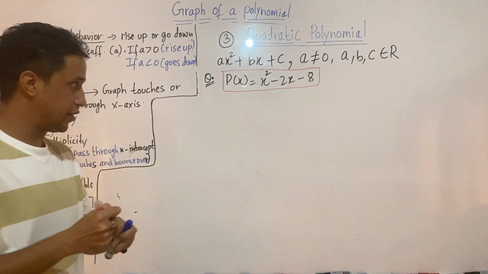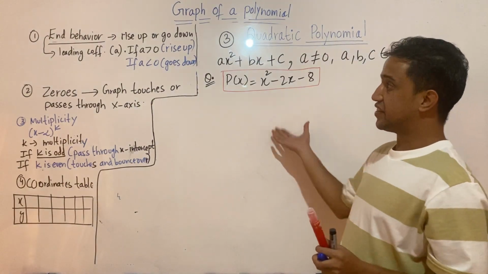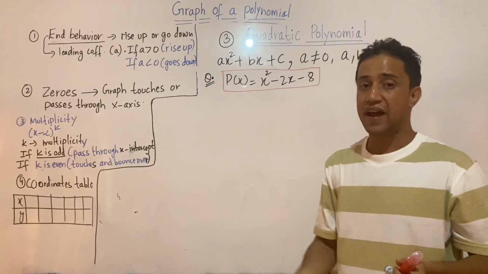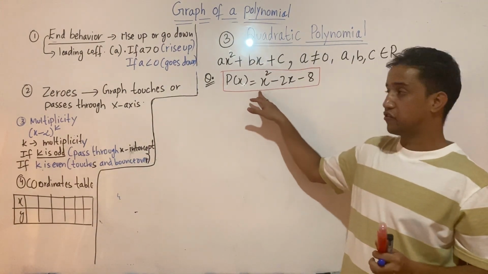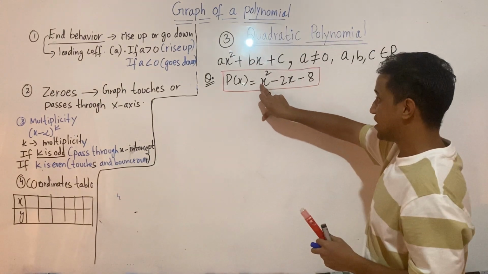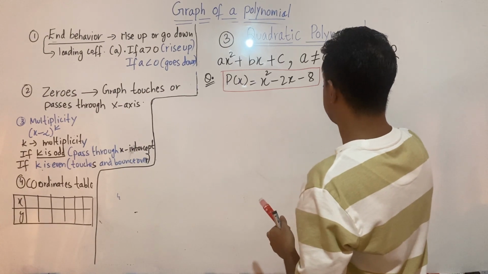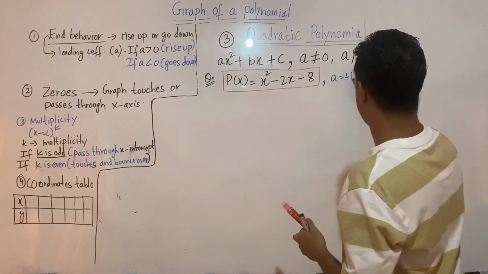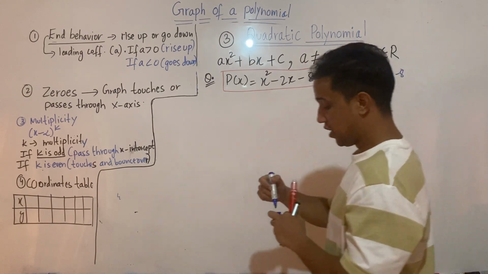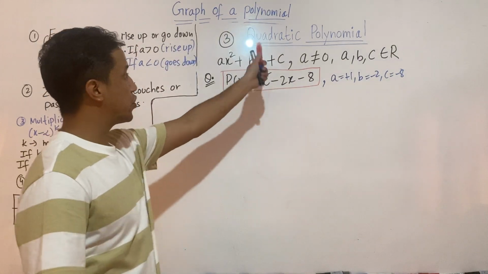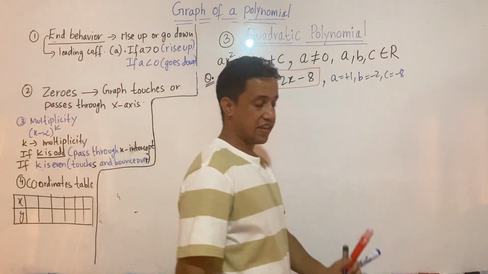Now, first of all I need to see the end behavior, okay? For end behavior, generally what students do is they just look at the sign of a. Now see here, a is plus 1, b is minus 2, c is minus 8, because when we compare this equation with the general equation, we get a as 1, b as minus 2, c as minus 8, okay?